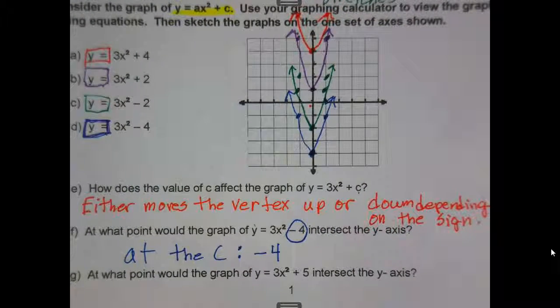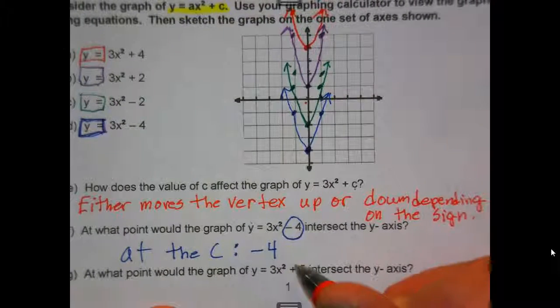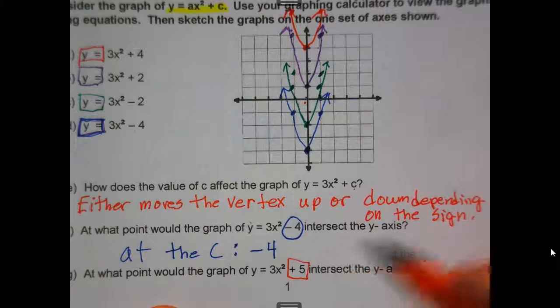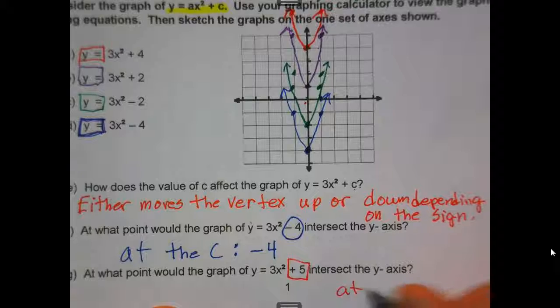And the last one, at what point would the graph y equals 3x squared plus 5 intersect the y-axis? Well, our c is +5, so it's going to intersect the y-axis at 5.